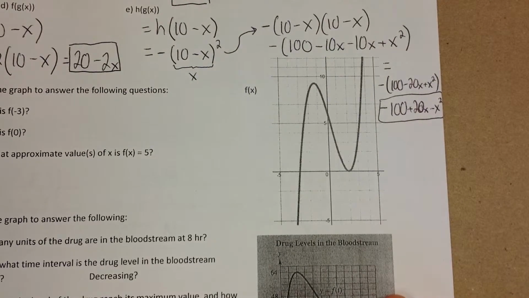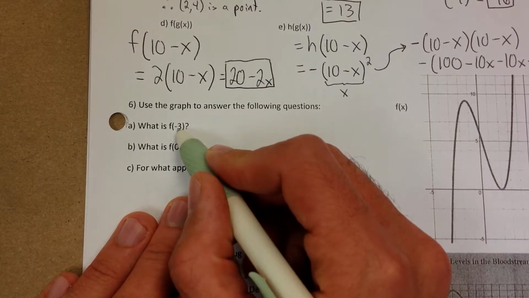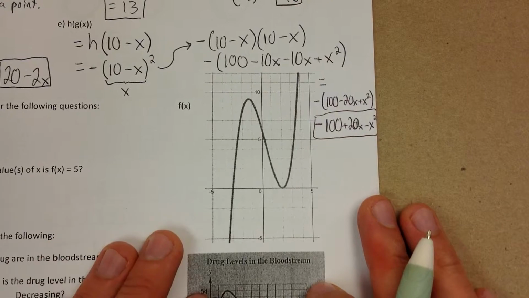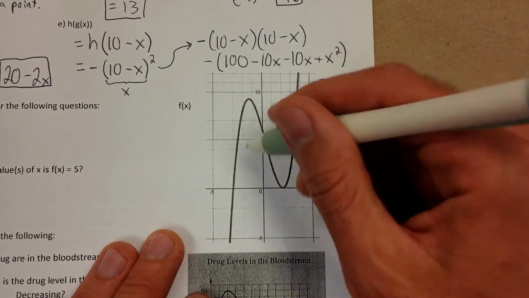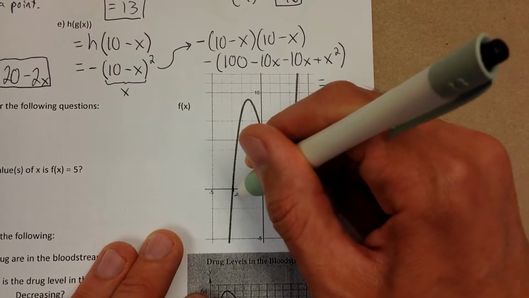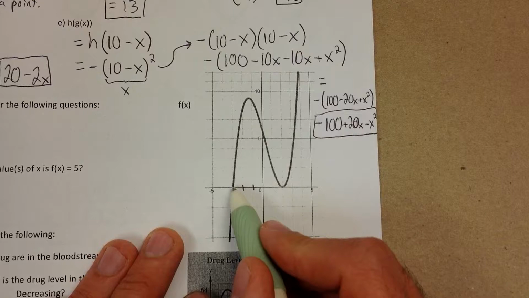Okay, so I'll help you out. This is the x value here, negative 3. This is the graph of the function f of x. So what we do is we find negative 3 on the x-axis, and we get the corresponding y value. So we see where it connects with the graph.